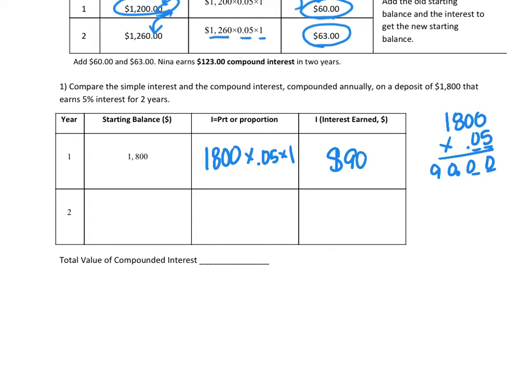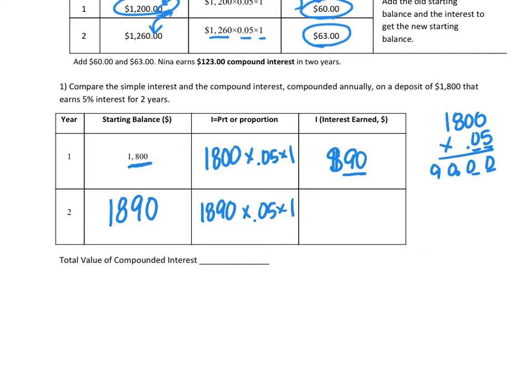Okay, so I'm getting that he earned $90 for that first year. So we would take this number and add it back to your original, and it would be $1,890. So that's the amount we would start with for the second year on compounded annually. Now we would do 1,890 times 0.05 times 1.